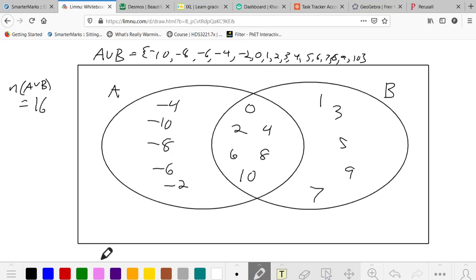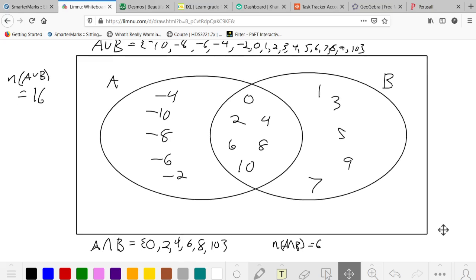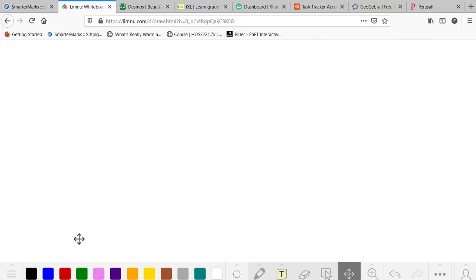Now A intersect B, that's just what's in the overlap, 0, 2, 4, 6, 8, and 10. And then part D is the number of elements in A intersect B, which is 6. So that concludes question 1.